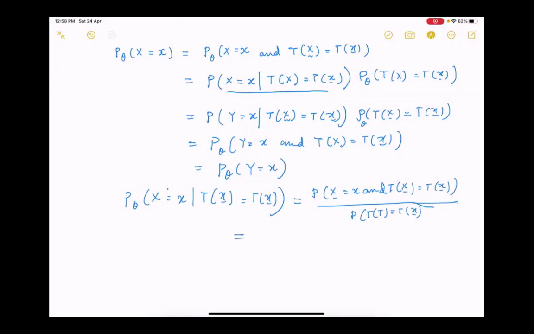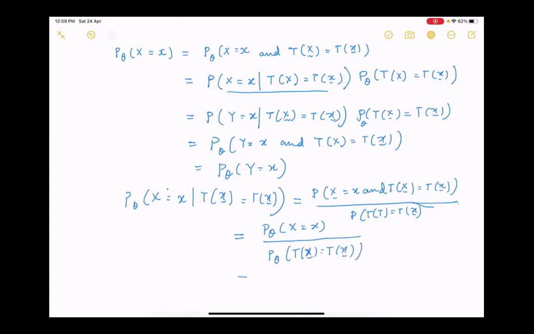Now this is the same as the first step, so I can write it as P theta of X equal to small x, and this is P theta of Tx tilde equal to T of small x tilde.